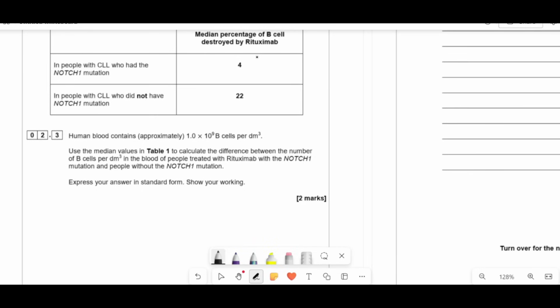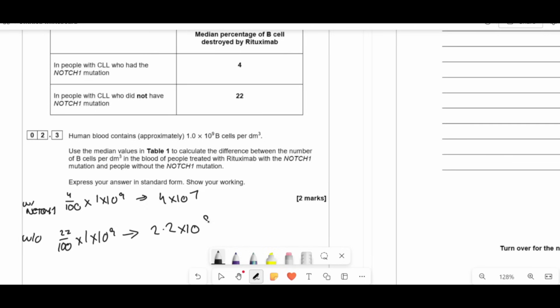They've told you the percentage destroyed by rituximab is 4. So you're going to work out 4 over 100 times 1 times 10 to the 9, right? That's with Notch1. And without, that's 22 over 100 times 1 times 10 to the 9. If we do that, we get 4 times 10 to the 7, and for the other one, it's 2.2 times 10 to the 8, right?